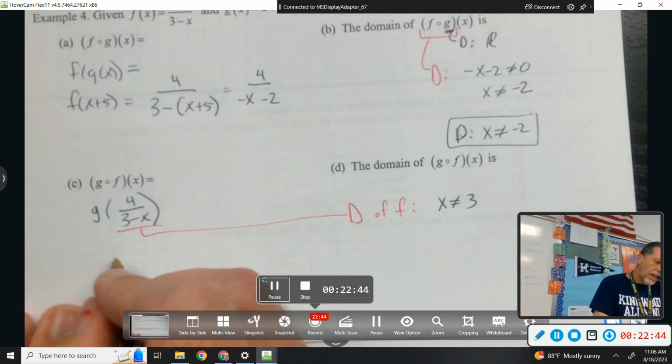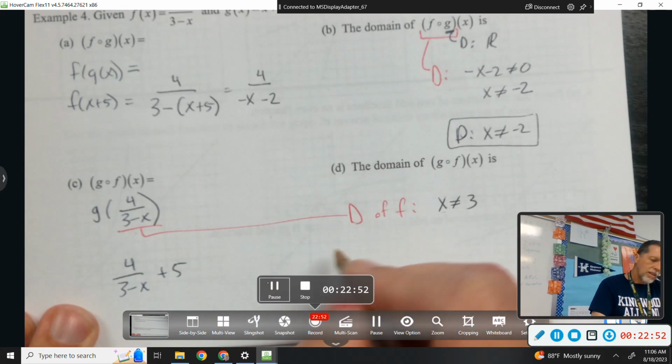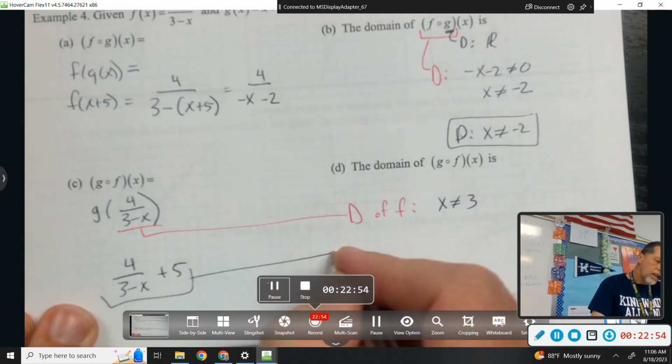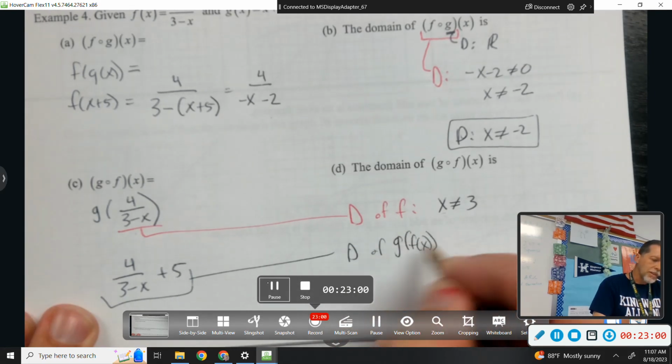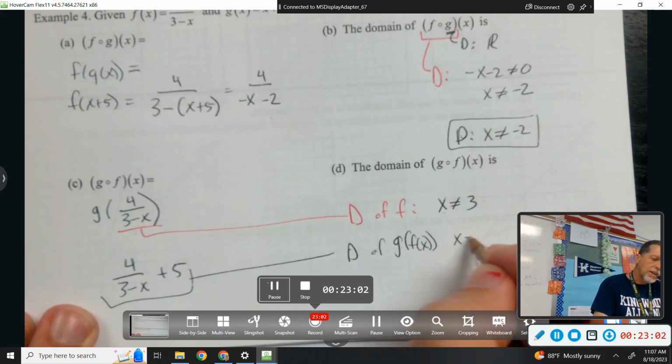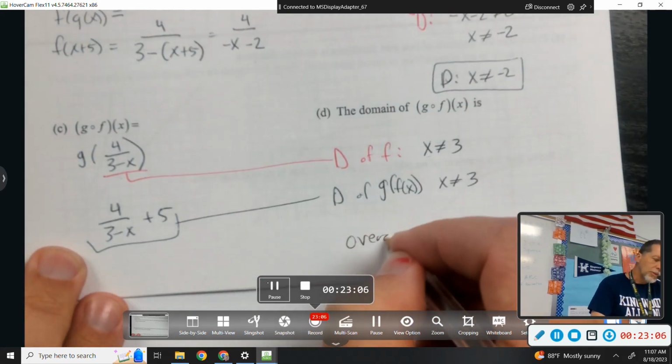And then if I plug that in for x, 4 over 3 minus x plus 5. Well, that domain is still can't be 3 because there's a 3 in the bottom there, or x minus 3 minus x in the bottom. So, however we want to say it, the overall domain, x can't be 3.